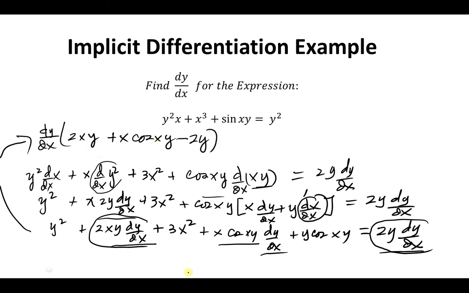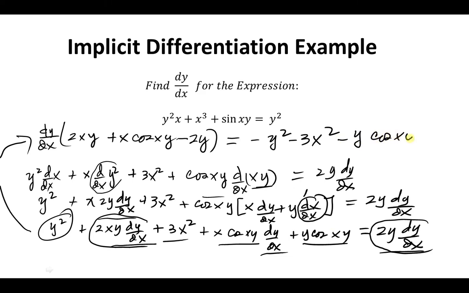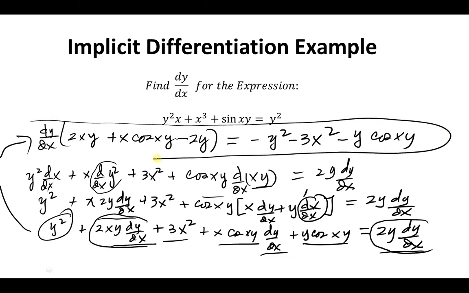And now all the other terms go to the other side. And that's going to be y squared going to the other side is going to give me minus y squared, minus 3x squared on the other side, minus y cosine of xy. So now I can solve for dy/dx.